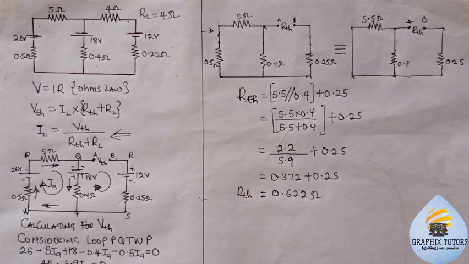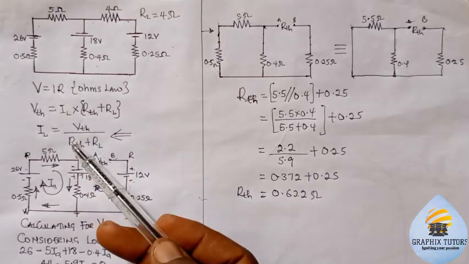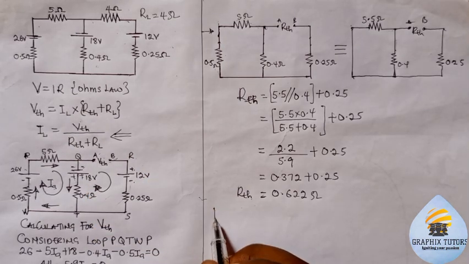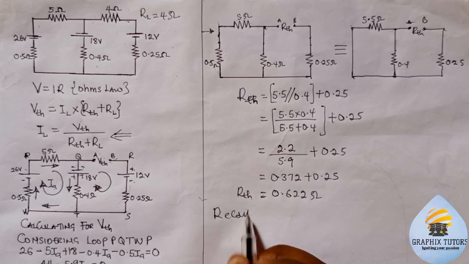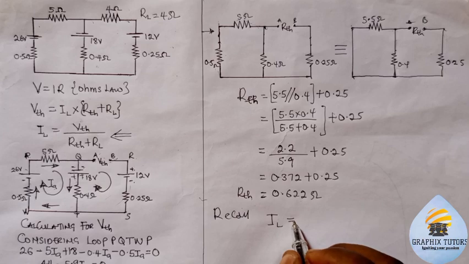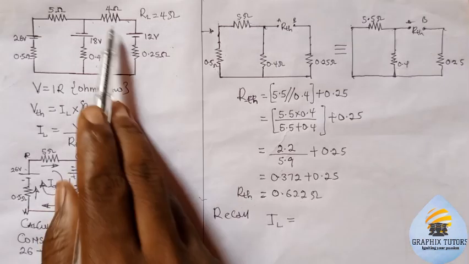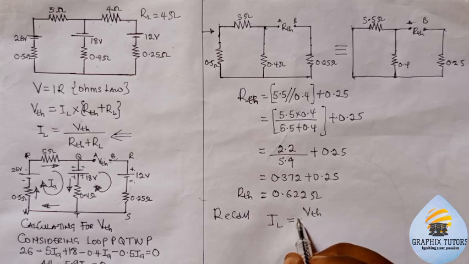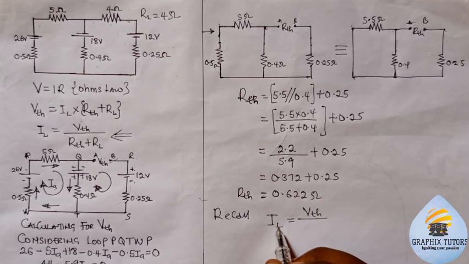Is that taken? Now we've gotten the RTH. Now for us to apply what we have into the formula here, recall the current that is flowing through the 4 ohm resistor will be the Thevenin voltage all over... So I'm going to put IL here, 4 ohms.